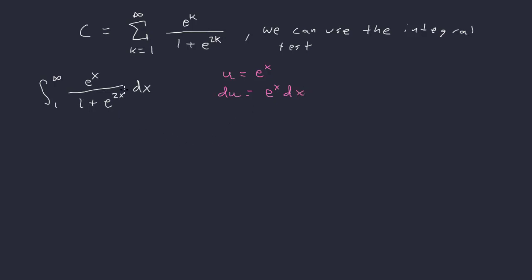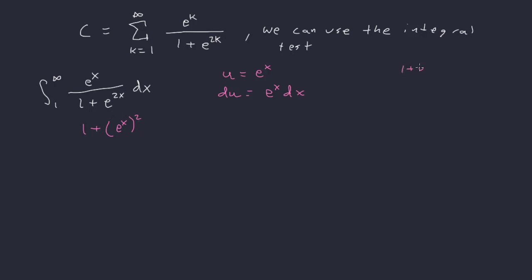And the reason I want to do that is because my first thought was I'm going to make the whole denominator u, but if I do that, the derivative of e to the 2x is 2e to the 2x, and I don't have an e to the 2x up here, but I do have an e to the x. So what I'm thinking instead is this is 1 plus e to the x squared in the denominator here, and that is a pattern that we're familiar with, right?